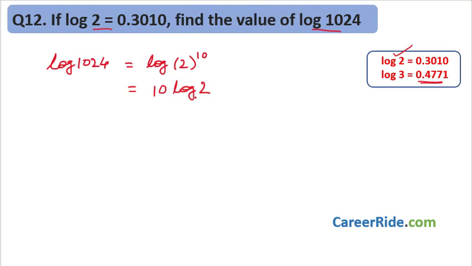There is no base given, so it means it is base 10, right? Now the value of log 2 is given to you, 0.3010. This is equal to nothing but 3.010 is the value of this number. Quite a simple question, and most of the questions that you find would be quite simple. You will have to just apply the logics that you have learned till now. If you are able to do that, these kinds of questions should not be a problem for you.